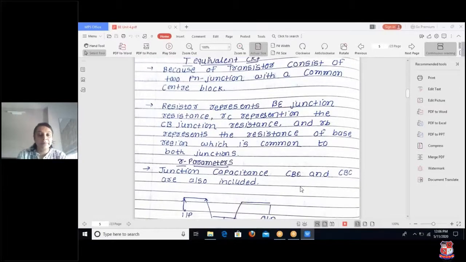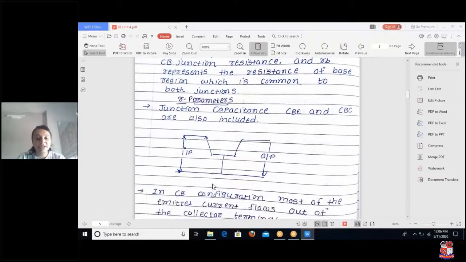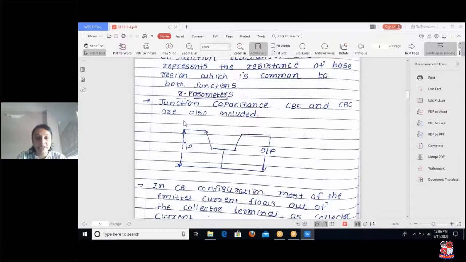Now here we show one format of a CB configuration. So what happened in a CB configuration? In common base configuration, your base is common, your input is in between emitter and base, right?